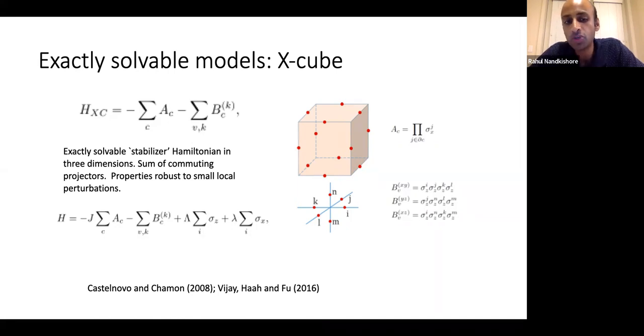Which means that any properties of the ground state are going to be robust to weak perturbations, just because there's a gap to the excited states. Now, with periodic boundary conditions it's more delicate, and you do have a ground state degeneracy. But it turns out that even with periodic boundary conditions, the ground states, while they're degenerate, are indistinguishable under local measurements. So local operators have no matrix elements between the different ground states.